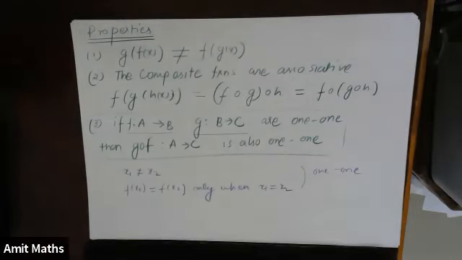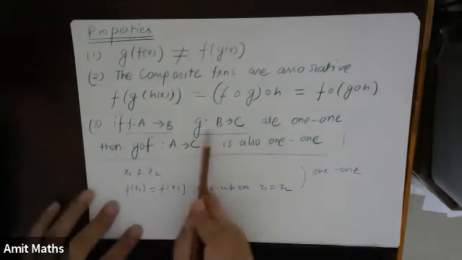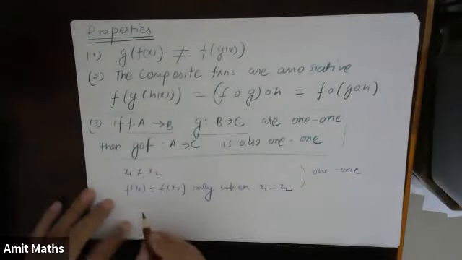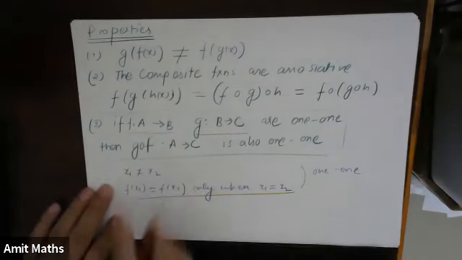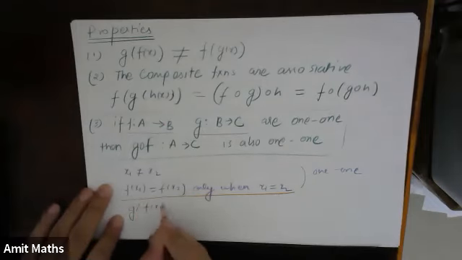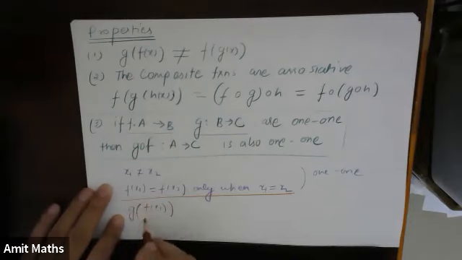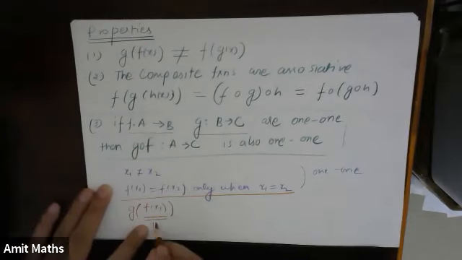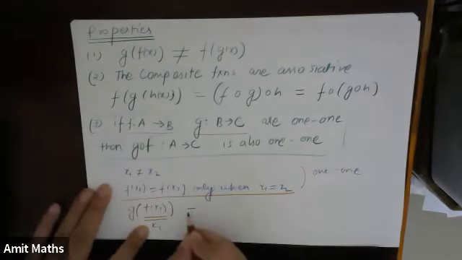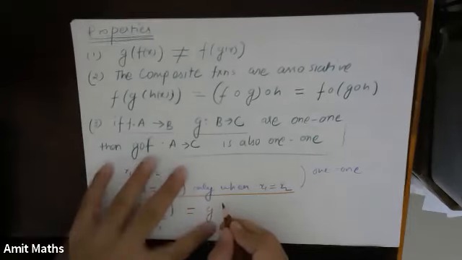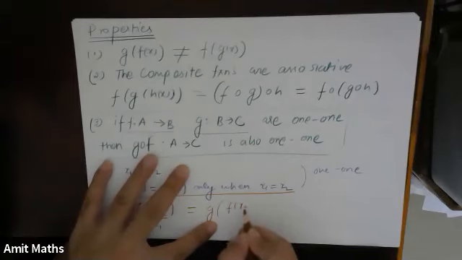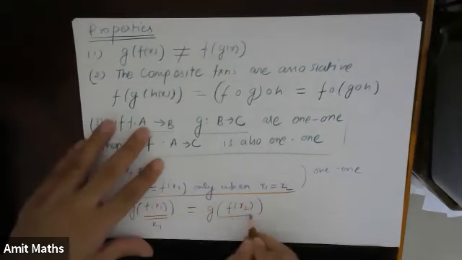In this particular case, we know that both f of x and g of x are 1-1. They have already given that. That means for the composite function g of f of x1, I can take f of x1 as k1, and f of x2 as k2.